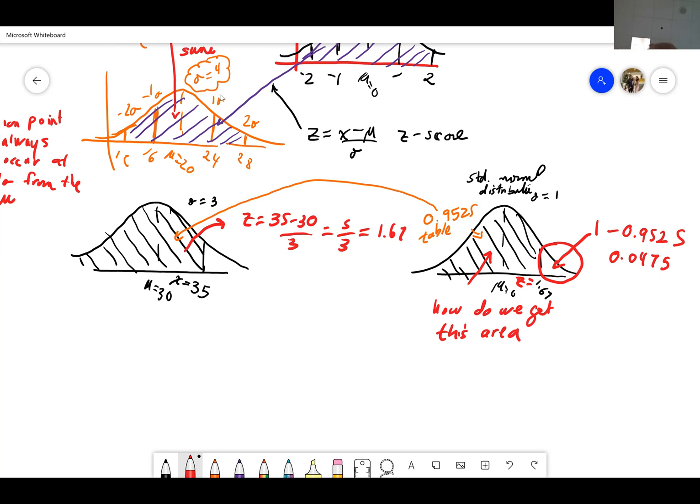So if you need to figure out an area to the left, let's just make a few quick notes. If the area is to the left, they also like to use the word cumulative. You just read it from the table.